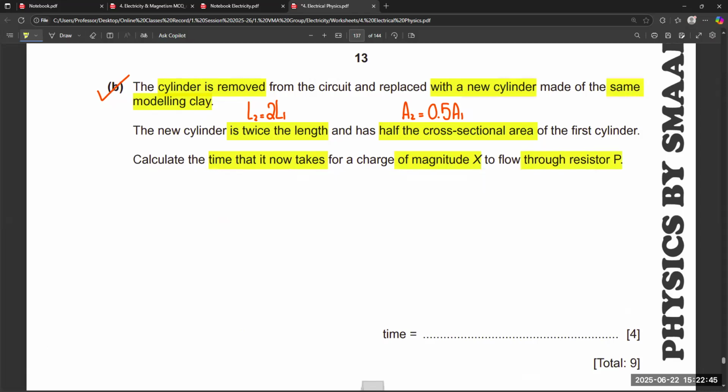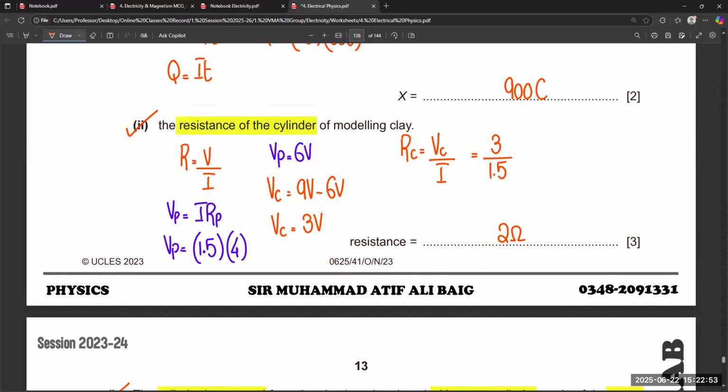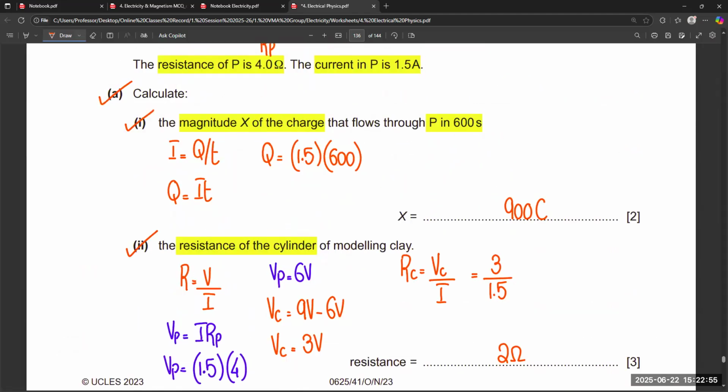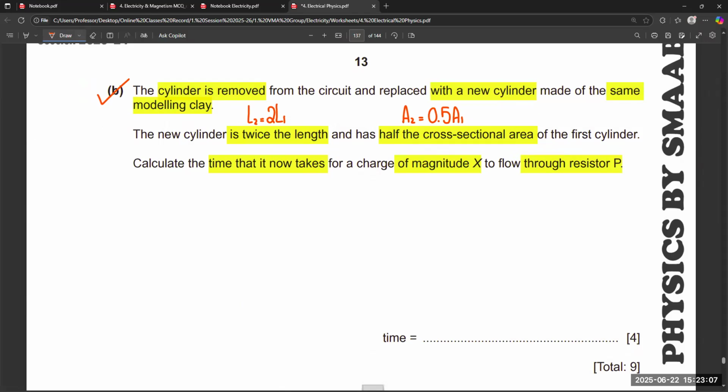resistor P, right? So now we have to calculate the time, because in the first part of the question, 600 seconds time is given. In 600 seconds, the 900 coulomb charge passed through the circuit. But now in the B part, we have a new cylinder with new dimensions. The material is the same, but the dimensions are different.